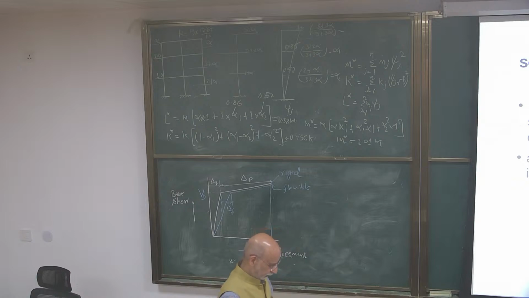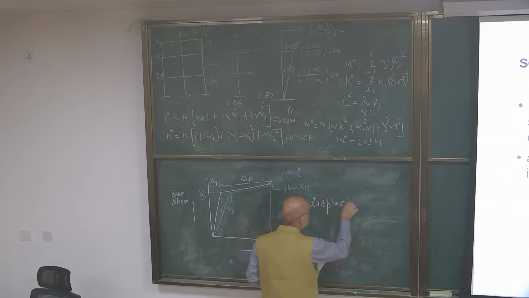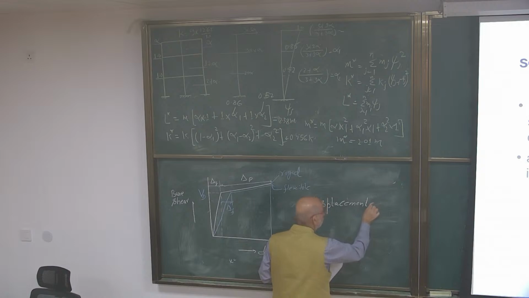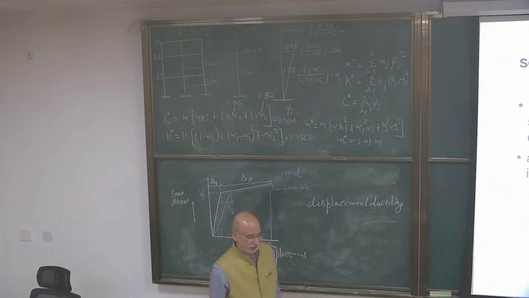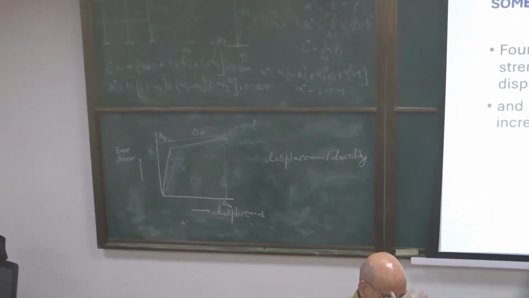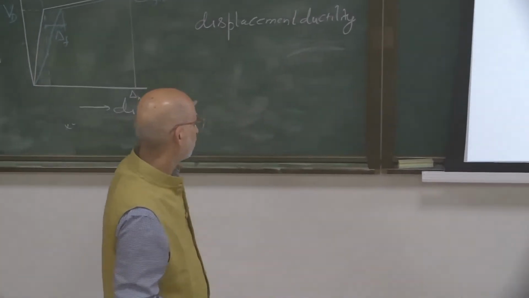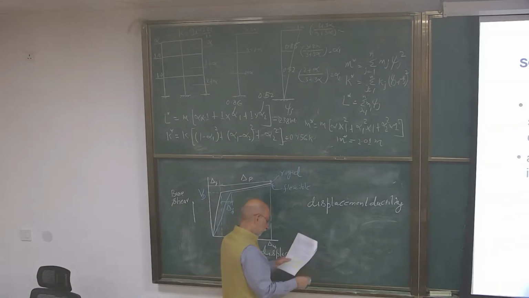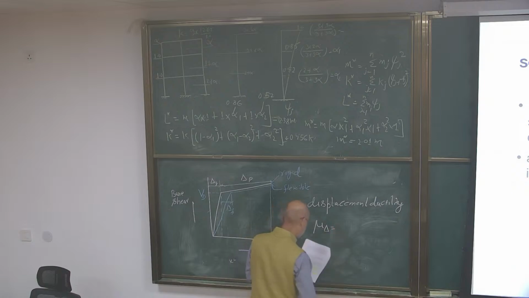Having said all those things, the displacement ductility. There are two ductilities. One is curvature ductility, another is displacement ductility. For curvature, the M theta curve, Professor Datta told you how the plastic hinge forms. Another way is displacement ductility. How you define this as a symbol, Paulay and Priestley use this one.